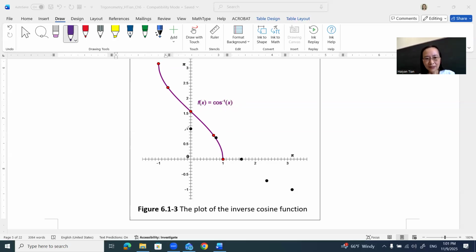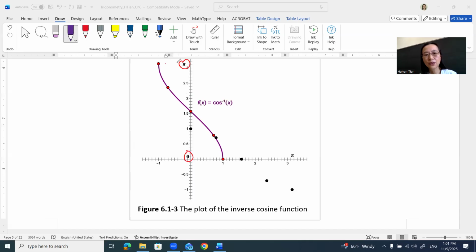Be careful: for this inverse cosine, the x value has to be from -1 to 1. That's the domain of inverse cosine. And the range of inverse cosine is from 0 to pi.